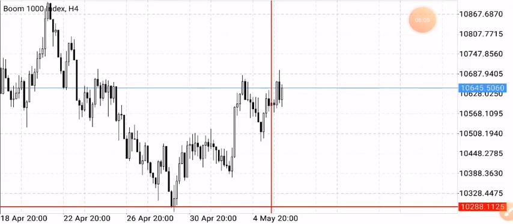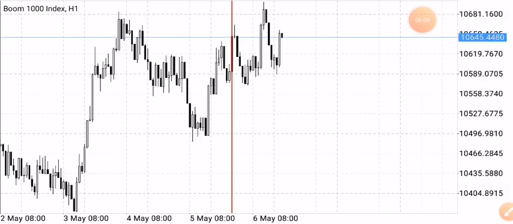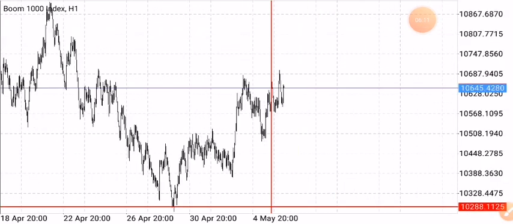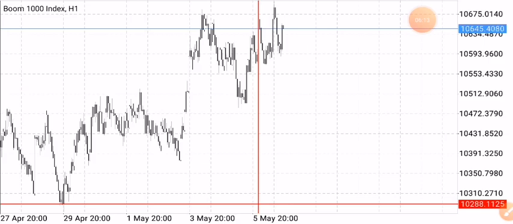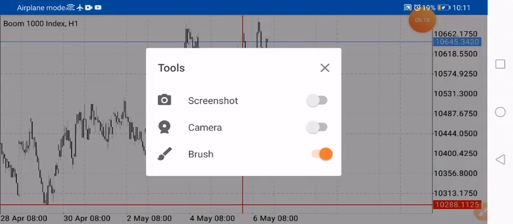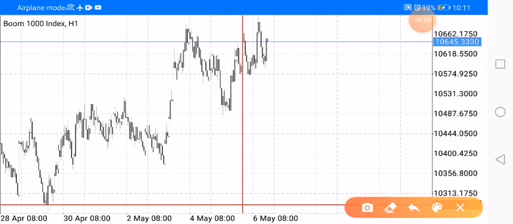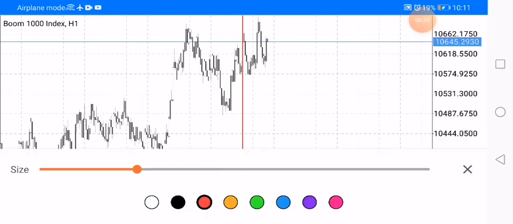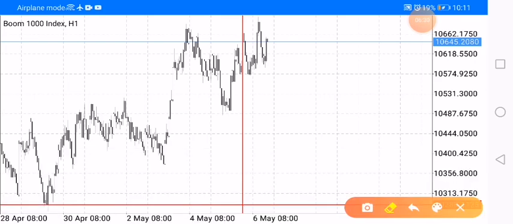I'd normally move to H4 to see what price is doing. Let me move to H1, I should get a better picture. What has price been doing? Price has been forming higher highs and higher lows. Let me pick a blue color and make it a little bit thicker. Look at what price has been doing generally.